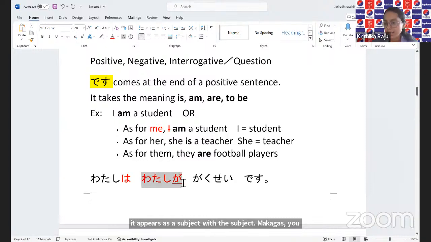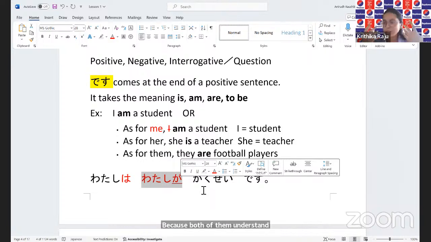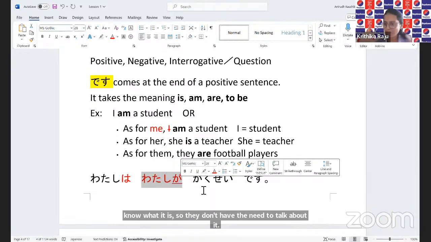Watashi wa, watashi ga gakusei desu doesn't make sense. In Japanese, anything that you don't have to say, you don't say. In Japanese, you hold back a lot. You don't speak unnecessarily. Things that both the speaker and the listener will understand, you will not find in the conversation, because both of them know what it is, so they don't have the need to talk about it. Of course, at this stage, it all sounds very abstract and vague.